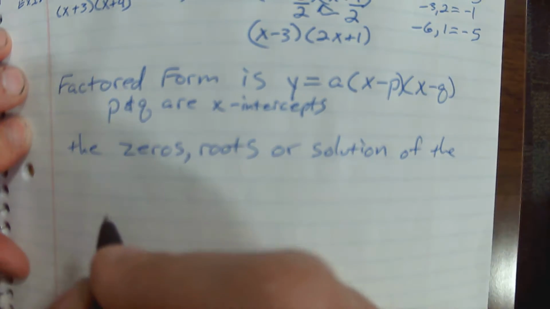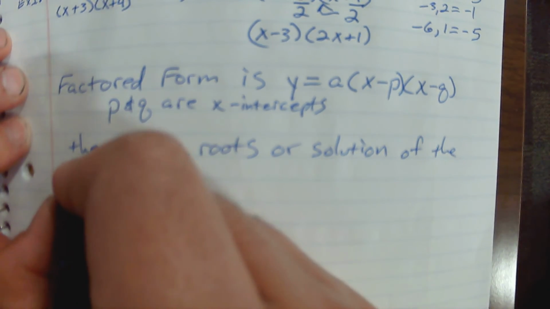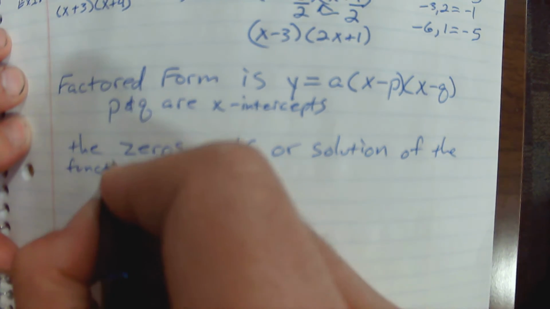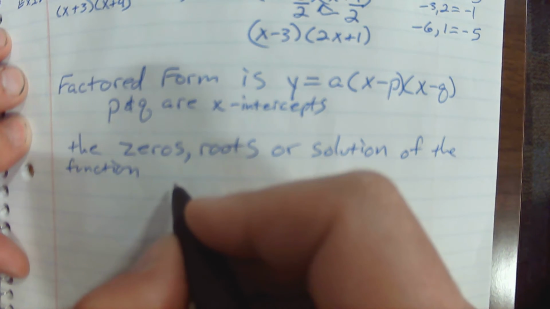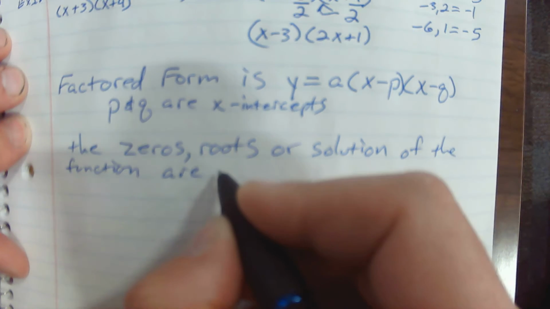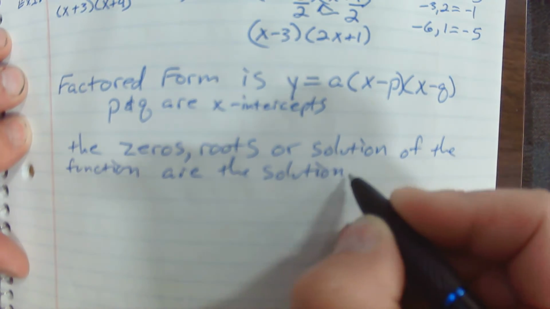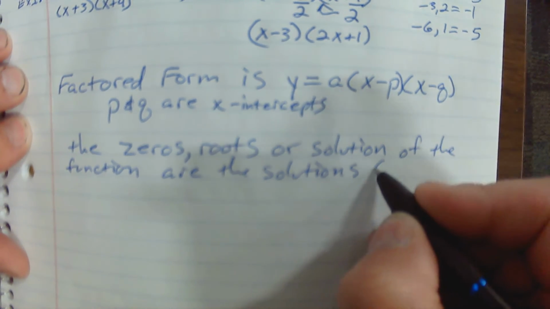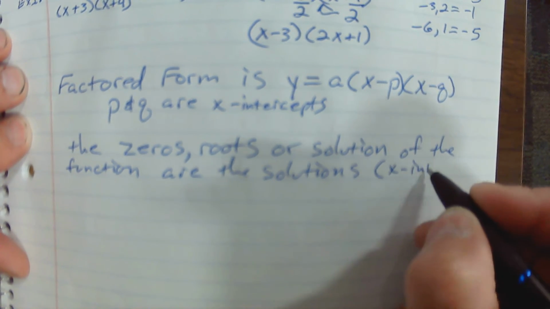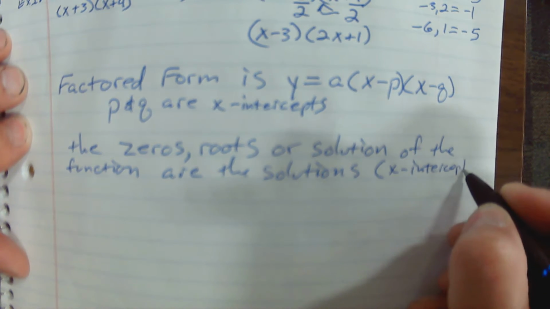Of the function are the solutions. So it's pretty much just your x-intercepts. That's what we're looking for in factored form.